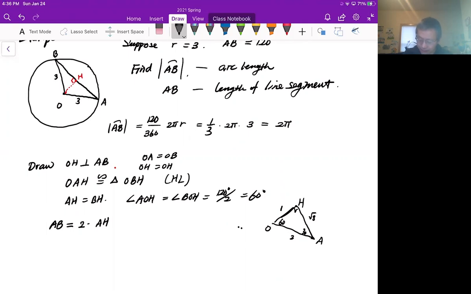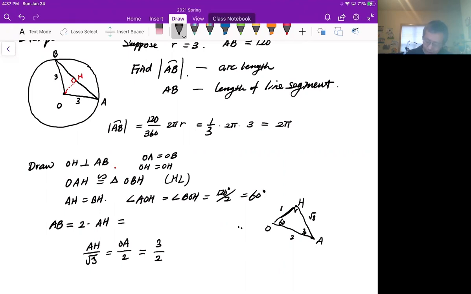AH over root 3 should be OA over 2, just because of similar triangles. So AH divided by root 3 is OA divided by 2. But what's OA? OA is equal to 3 here.